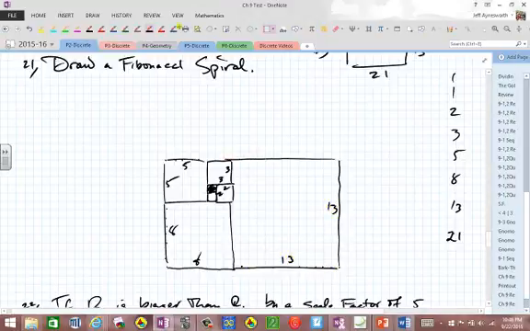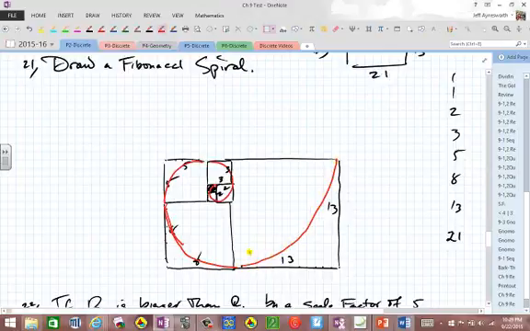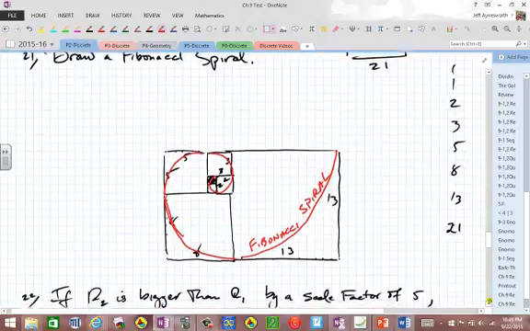Then you draw your spiral. All of these are quarter circles in the squares. That's how you do it.